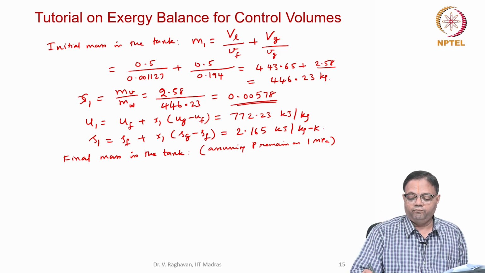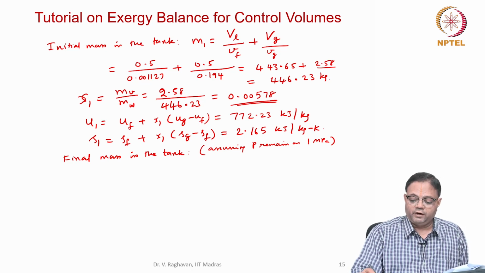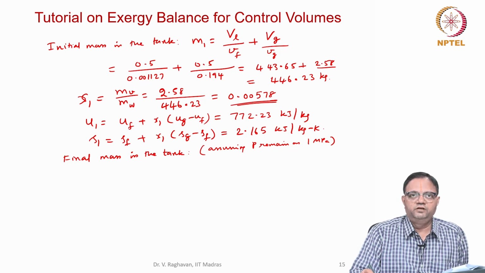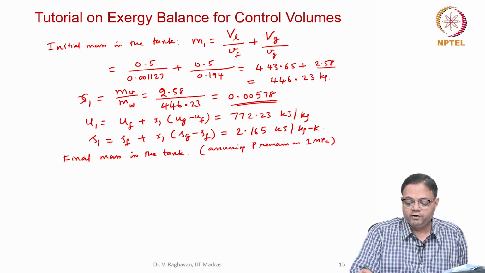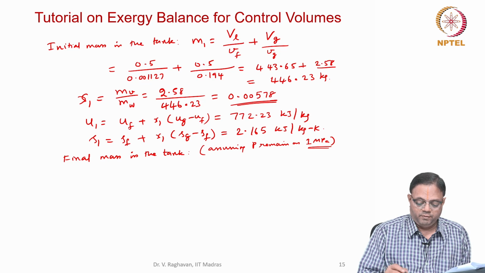So maybe it may drop from 1 megapascal to 0.99 megapascals. So we will assume the pressure to be same. That means I can use the same properties of Vf, Vg, Uf, Ug, Sf, Sg, etc., which we have retrieved from the saturation pressure tables corresponding to 1 megapascal. Okay, so that assumption can be made.